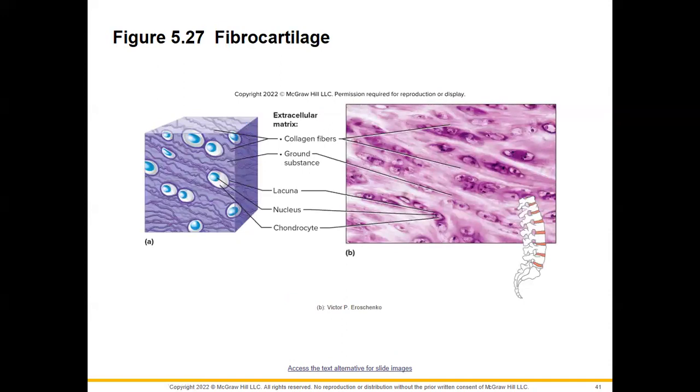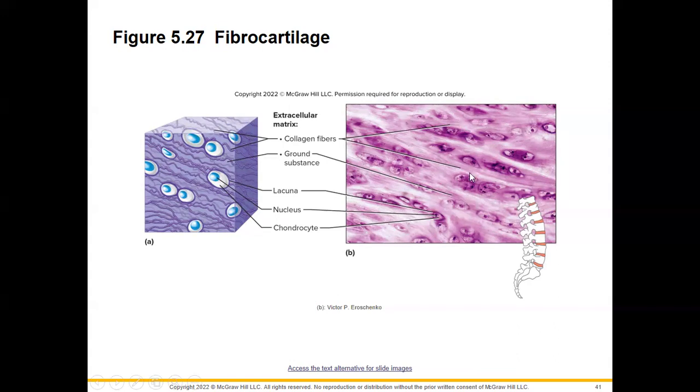Then you have fibrocartilage. So in your fibrocartilage, you have your chondrocytes, the cells that make up the substances here. They live in these little lakes, the lacuna, and you have your ground substance surrounding the chondrocytes in the lacuna. But then you also have the collagen fibers here.